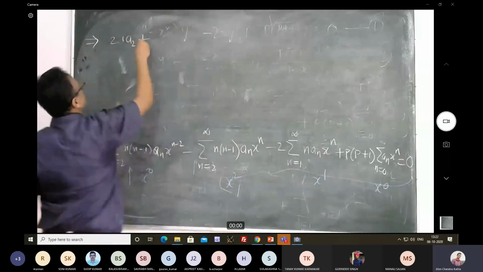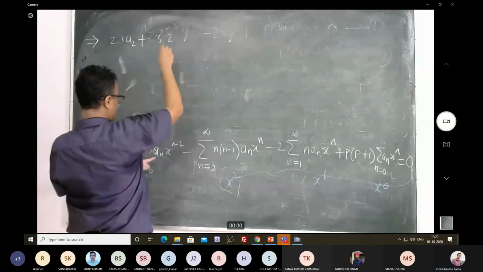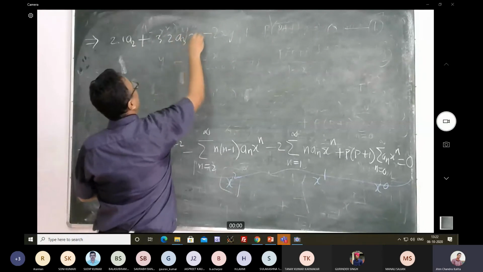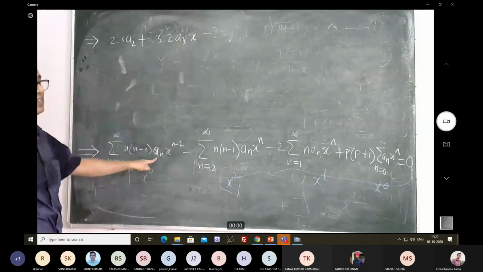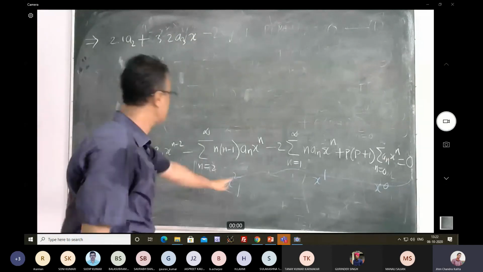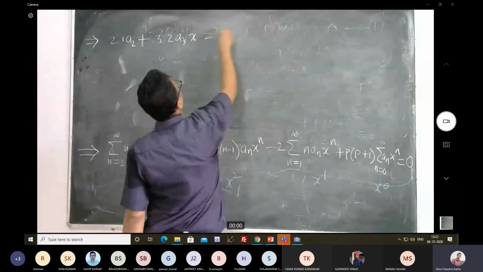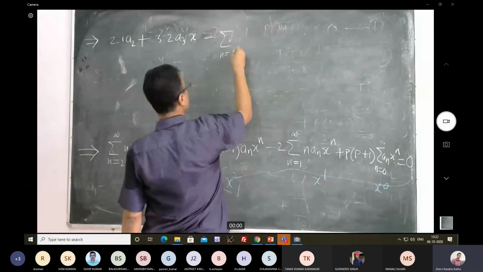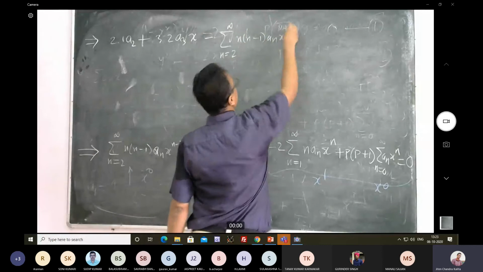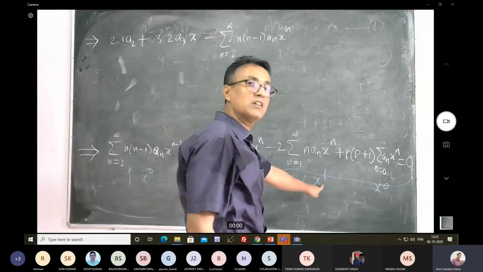Then x to the power 1, 3 into 2, a3 x. And this series is fine. This series I am not going to do anything. Let it be like this, n equal to 2 to infinity, n into n minus 1, an x to the power n. Here I'll have to take out the x to the power 0 term.